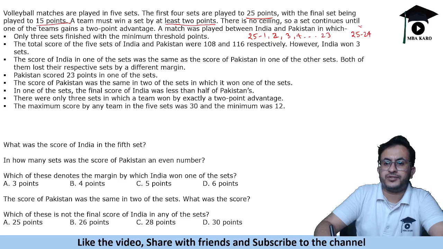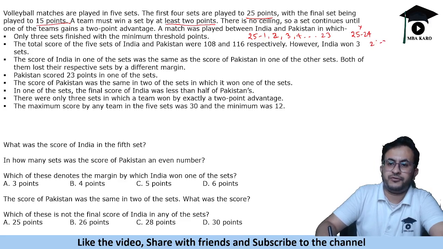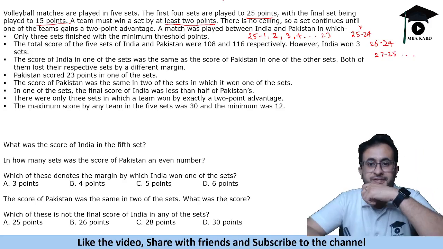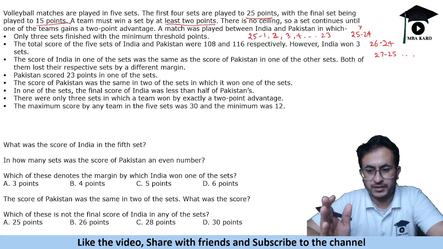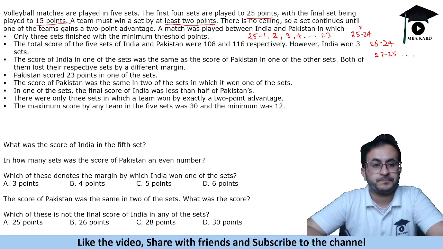That's not a valid score. It has to be 26-24, 27-25 and so on. There is no ceiling, so a set continues until one of the teams gains a 2-point advantage. So this 2-point advantage rule is a good one to know.